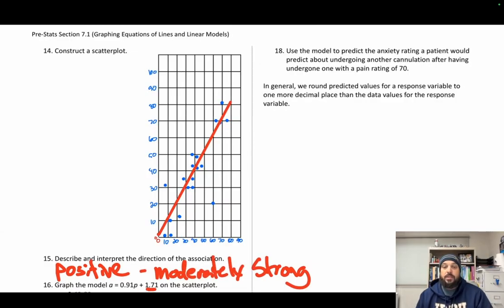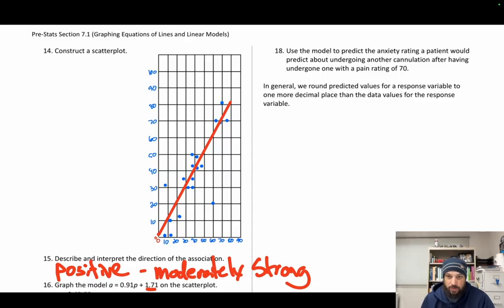Okay, so where these become important and helpful is now we want to predict what's going to happen next. Given someone's pain, can we predict their anxiety? And then what decisions do we need to make after that? So use the model to predict the anxiety rating of a patient after having undergone cannulation with a pain rating of 70.